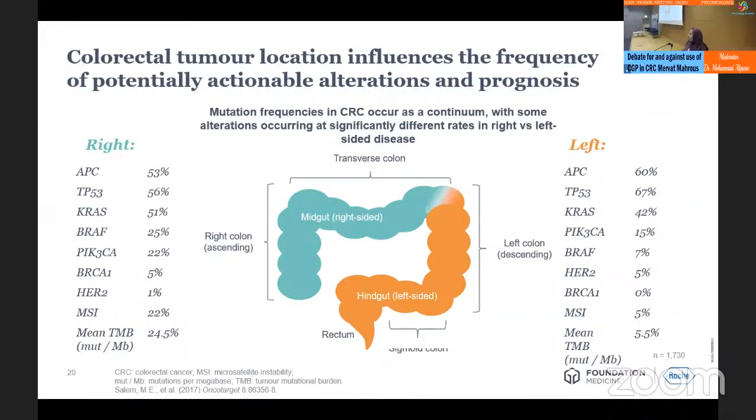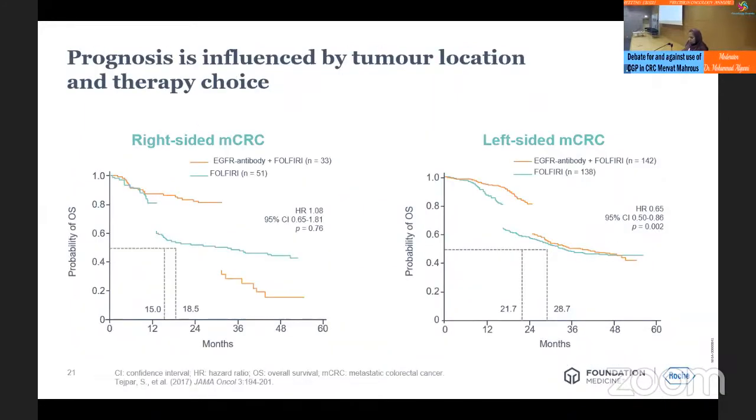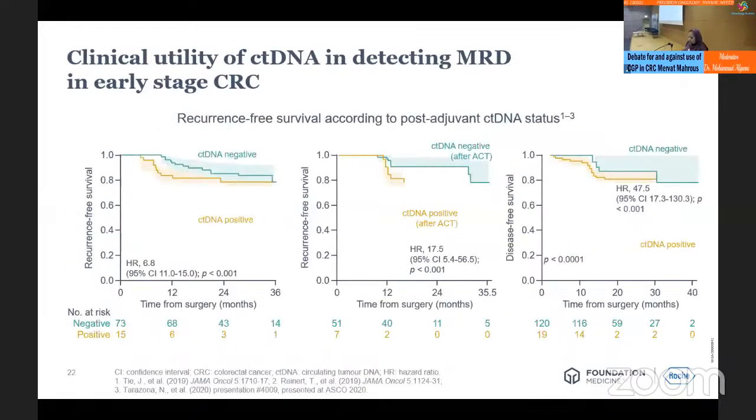Again, the right side and left side, we know that they are different in prognosis, and those patients are in favor of giving them anti-angiogenic compared to anti-EGFR. And we know that patients with right-sided have a bad prognosis compared to left-sided.